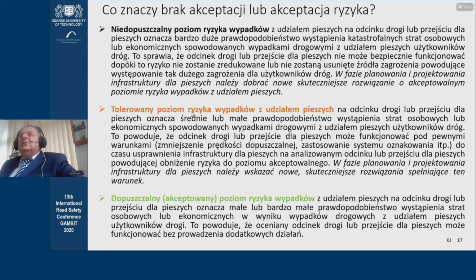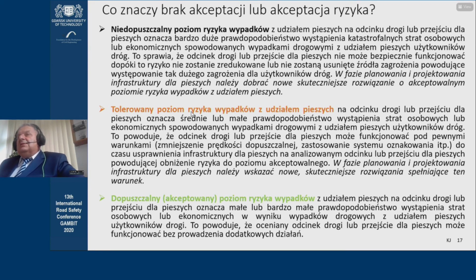So what does it all mean? If it's unacceptable, this means that the risk for pedestrians is very high. Just as Tomasz Mackun said, at 0.1, these are the crossings in Warsaw. And so when we plan our design, such sites, we shouldn't allow this to happen. This is a design error, and it shouldn't be happening.